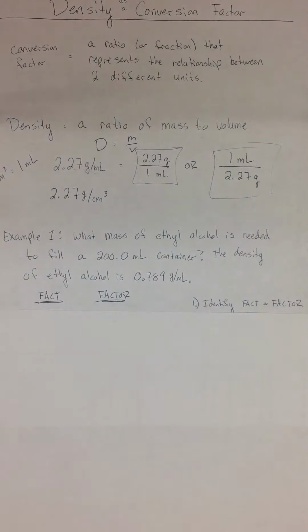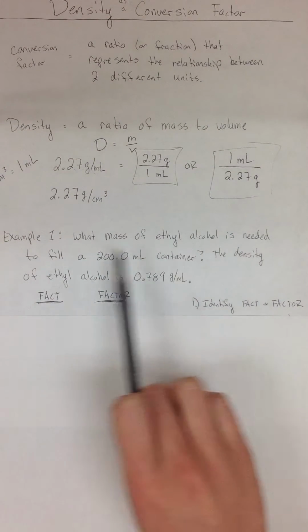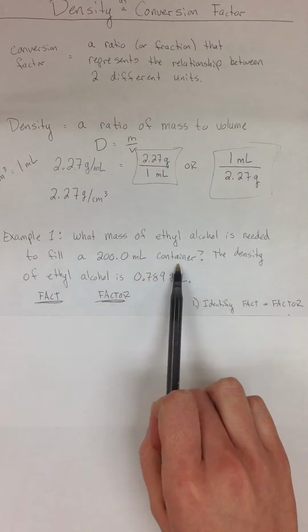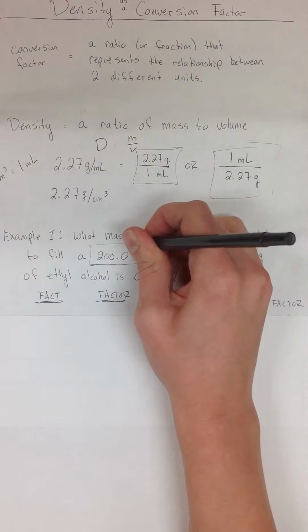My fact is information that I know about my substance. What mass is needed to fill a 200 milliliter container? That's what I'm trying to find, and this here is my fact.